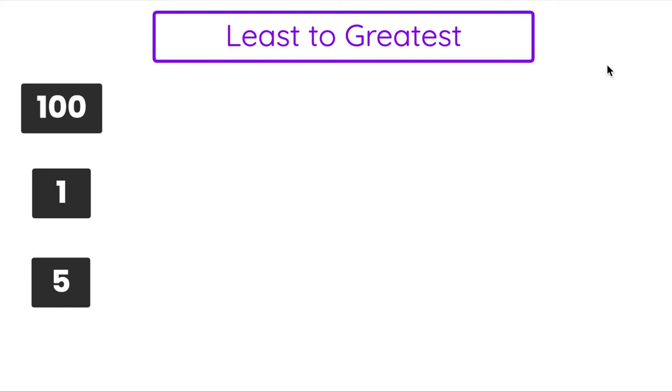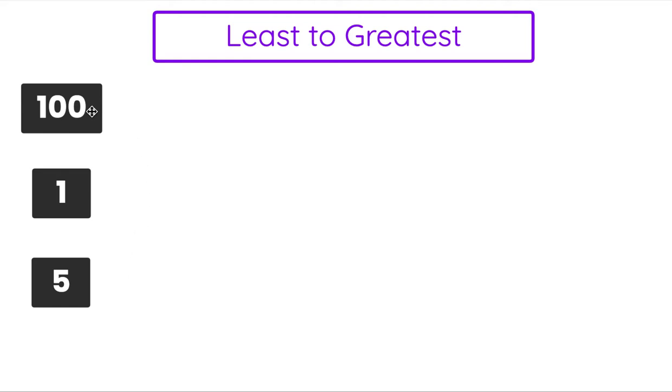We do this by lining up the numbers and starting by looking at the number that is less or least. So here I have 3 numbers. We're going to line up the numbers by looking first for the number that is least. Least means less or little.